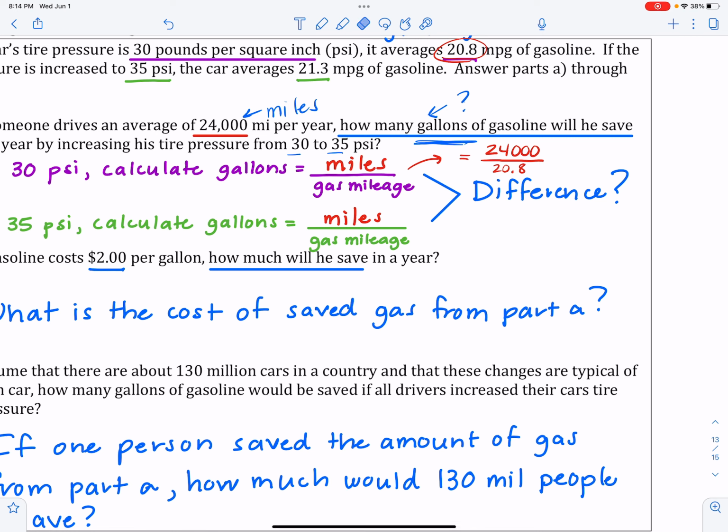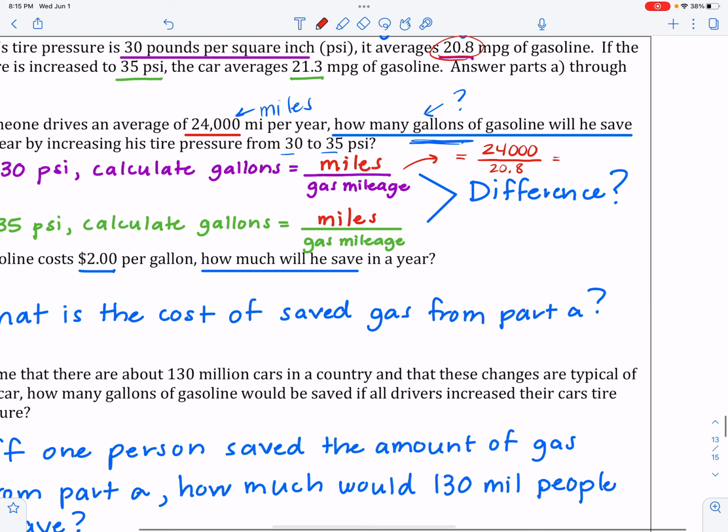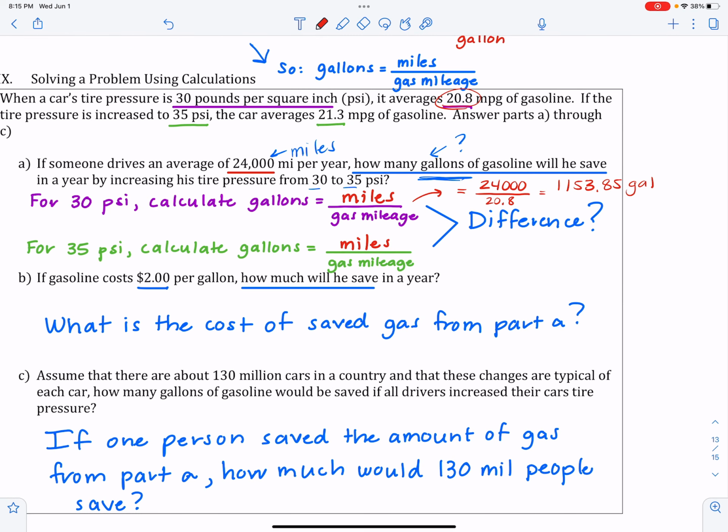So if I work this out, 24,000 divided by 20.8, it's going to give me the number of gallons. I'm going to round this to 2 decimal places as 1,153.85 gallons. That's the number of gallons for 30 pounds per square inch.